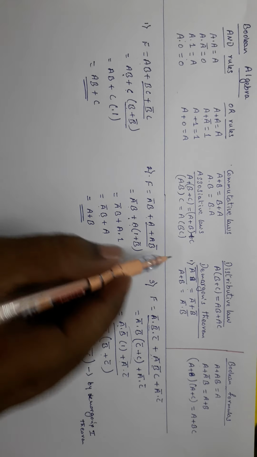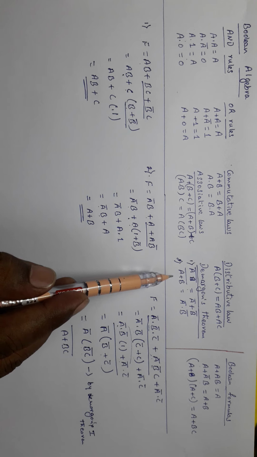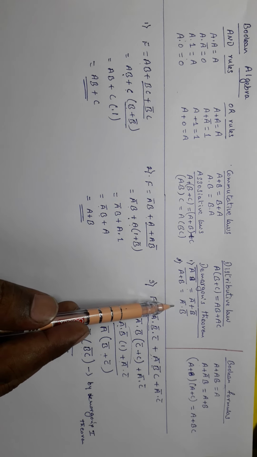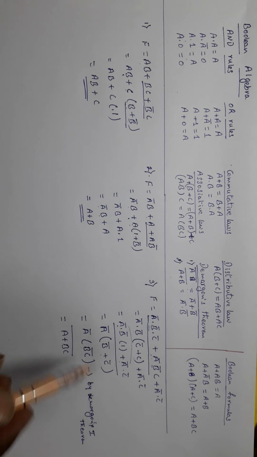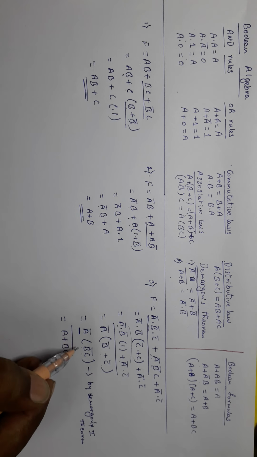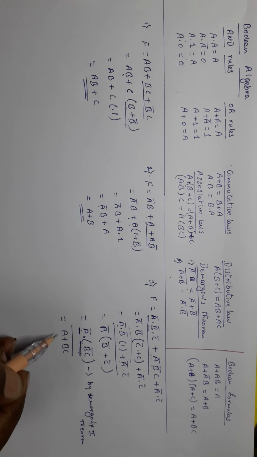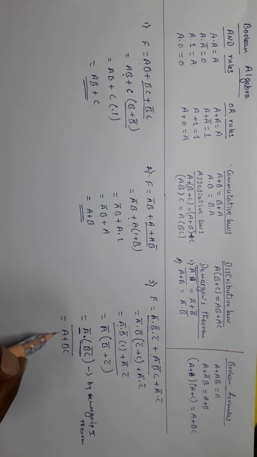We know the second theorem also. The second theorem states that the complement of sum is equals to the product of complements. That means this is the a term, this is the b term. A complement into b complement equals (a + b) whole complement.